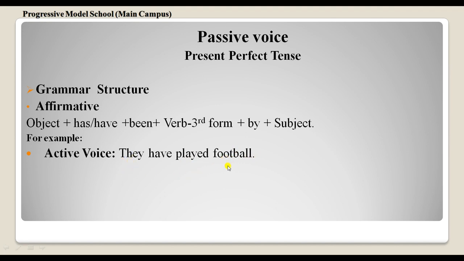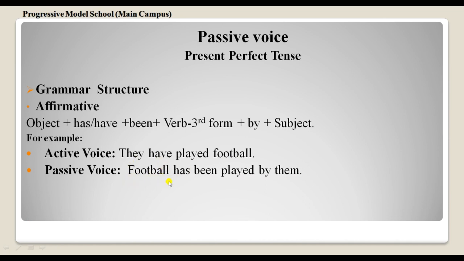To convert it into a passive voice, we'll write object, football, at the start of the sentence, and football is a third person singular, so we'll write has, and according to the structure we write been, third form of the verb played, preposition by, and they will be converted into them, and then we'll write it at the end of the sentence.